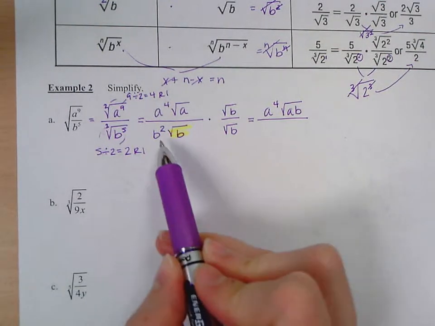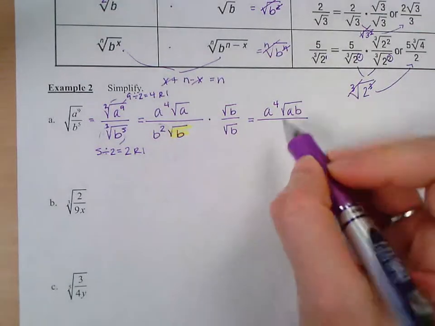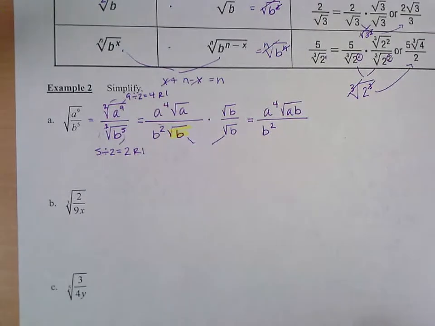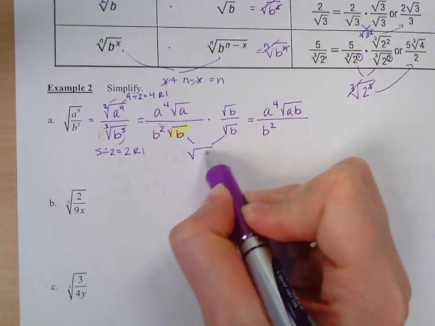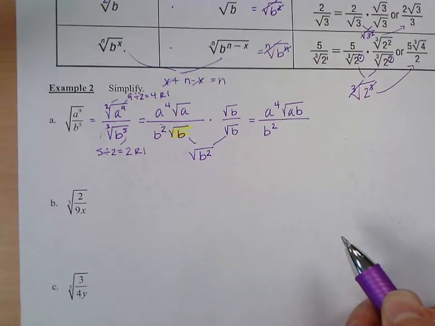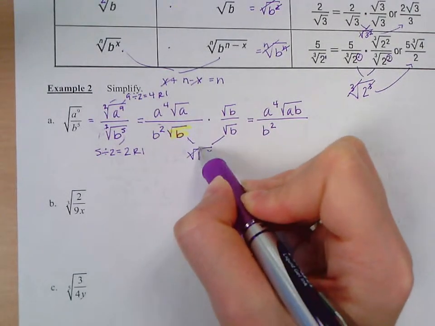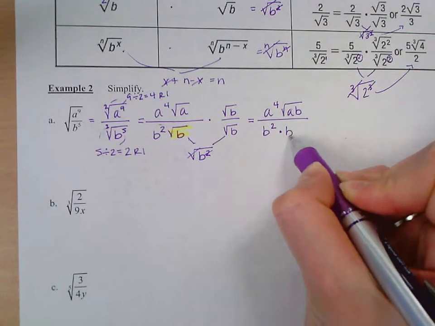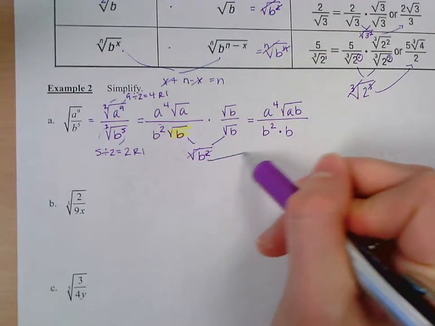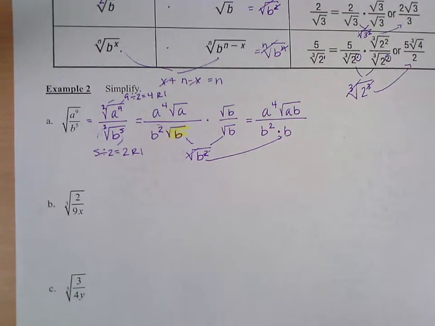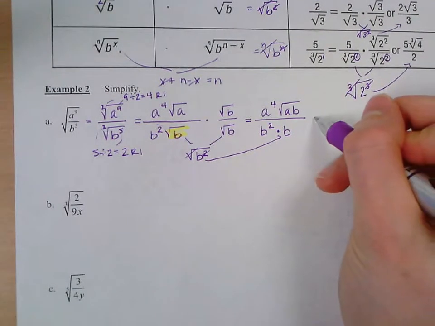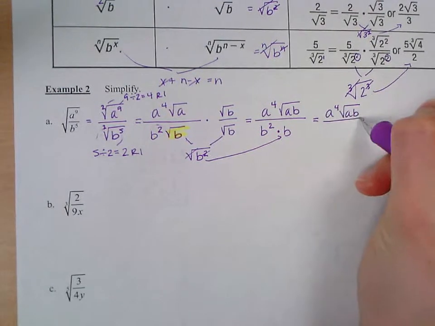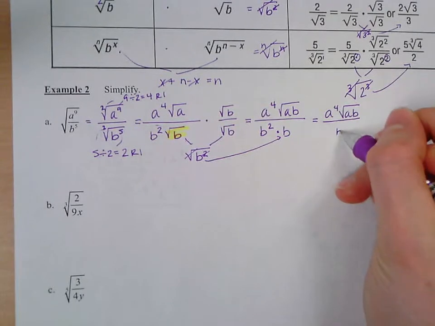And then on the bottom, I still have this b squared. But then this square root of b and this square root of b, that would be the square root of b squared, which I know the square and the square root cancel, that's just b. So then this denominator becomes b squared times this b. And I no longer have a square root. So altogether, I have a to the 4th times the square root of ab all over, and my denominator is b cubed.